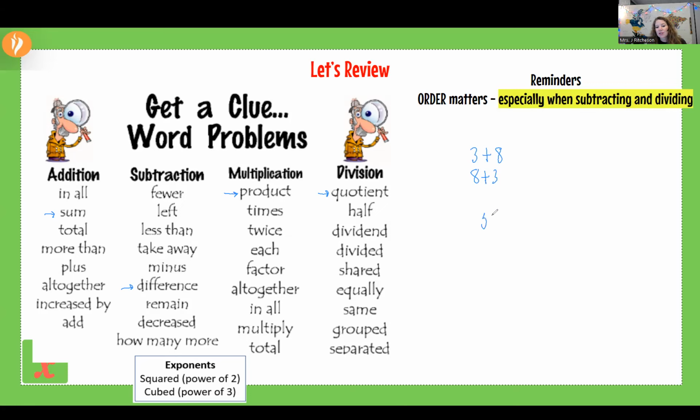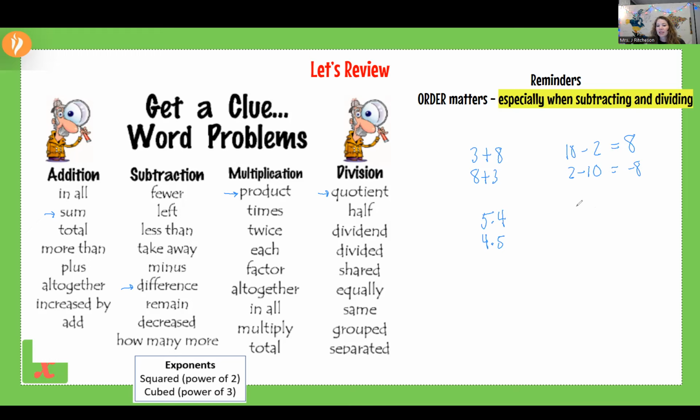Same thing with multiplication. I can multiply 5 times 4, and if I turn those numbers around, I'm going to get the same answer. However, 10 minus 2 does not equal the same as 2 minus 10. 10 minus 2 is 8. 2 minus 10, I would get negative 8. You can't take a bigger number away from a smaller number and have anything left over.